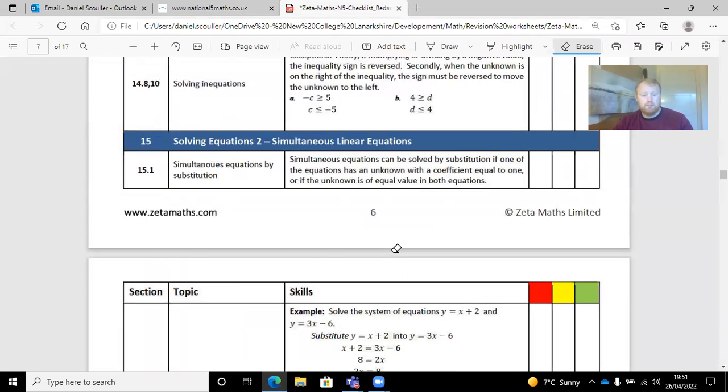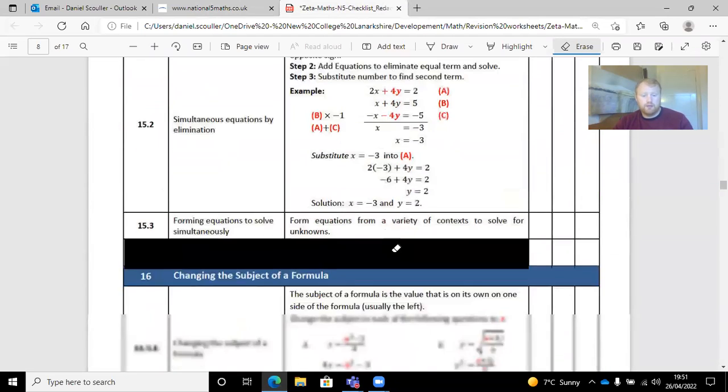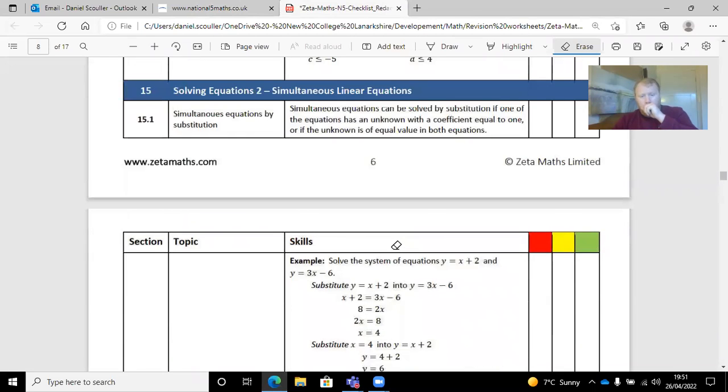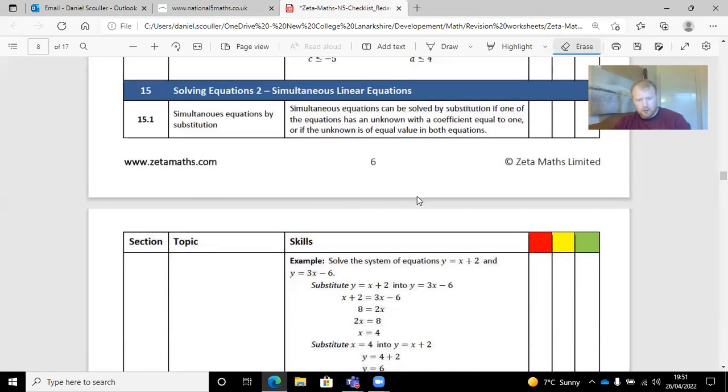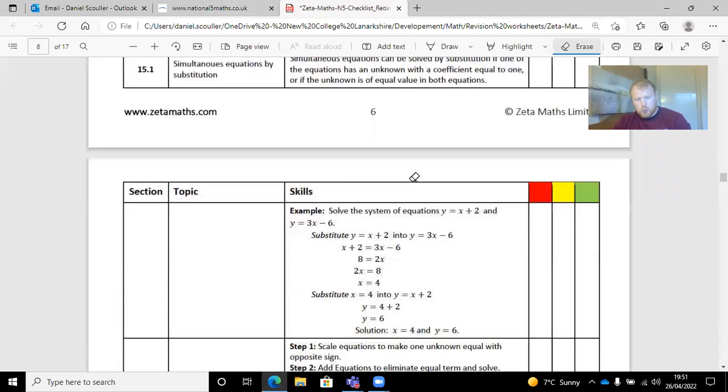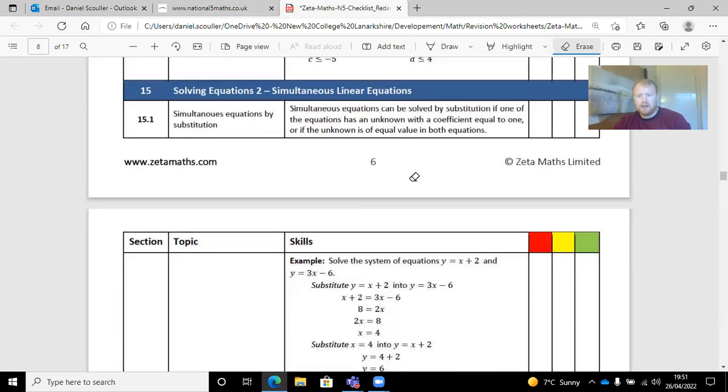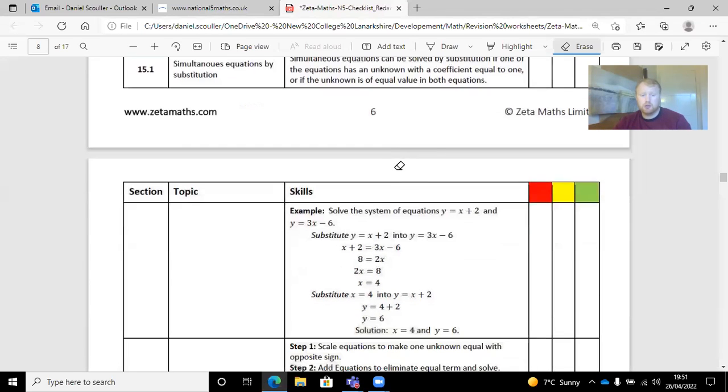Okay, section 15, simultaneous equations. It gives you either a story or it gives you two equations and asks you to work out where the coordinate is. Okay, and that will make sense when I look at the questions.